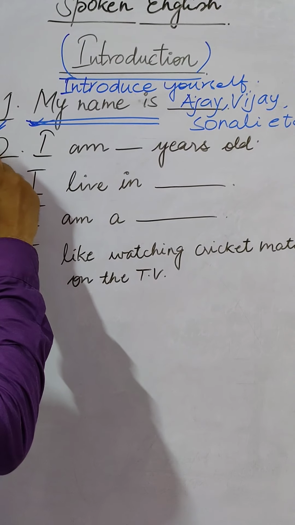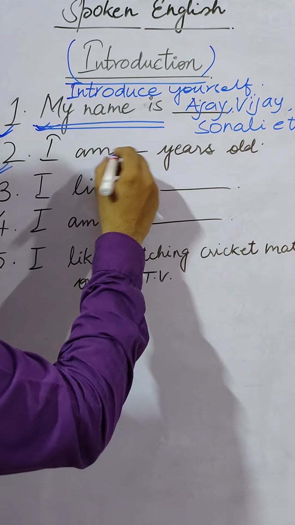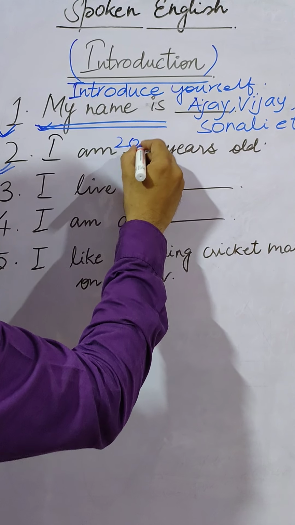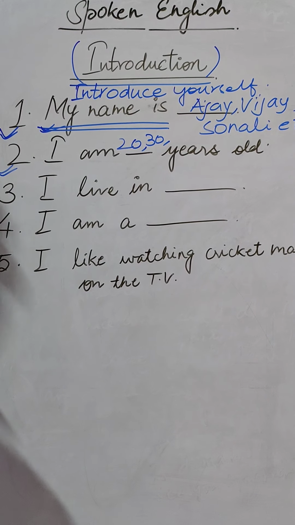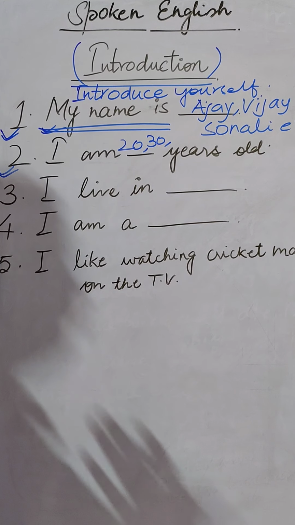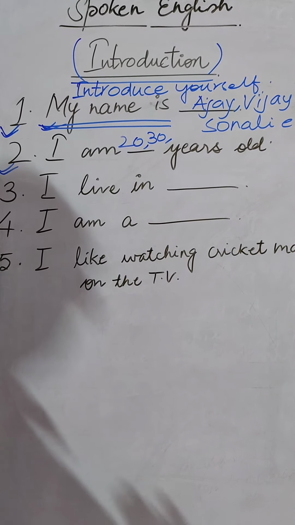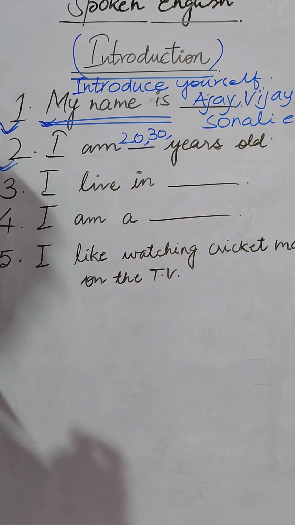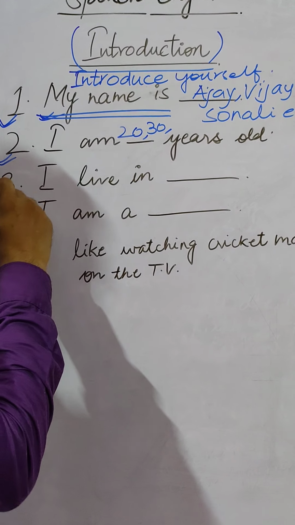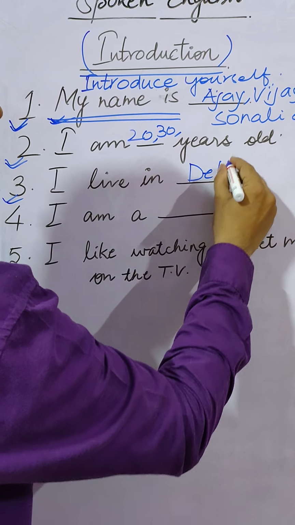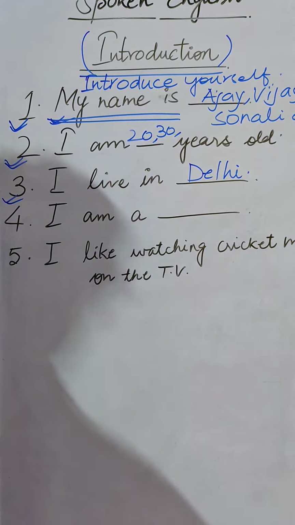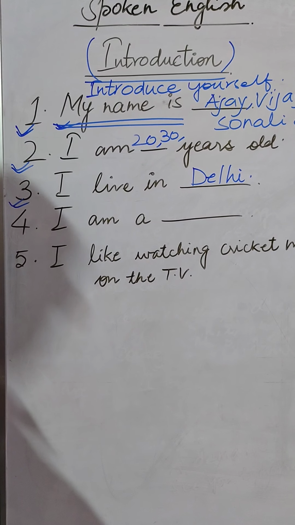The second sentence in this is "I am ... years old." So you have to just write 20 years, 30 years, 35 years, whatever the number of years you are, you have to say that. I'm 20 years old means I've completed this many years of my age, right? Second is completed. Now the third one, "I live in," you have to write the city name you live in. Suppose I live in Delhi, so I'll say I live in Delhi, right?